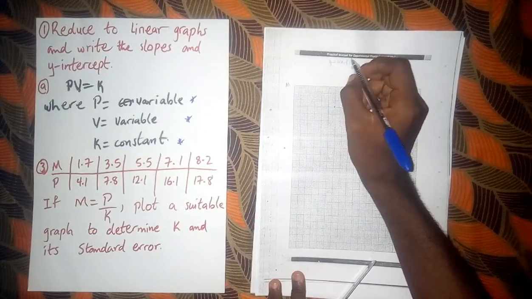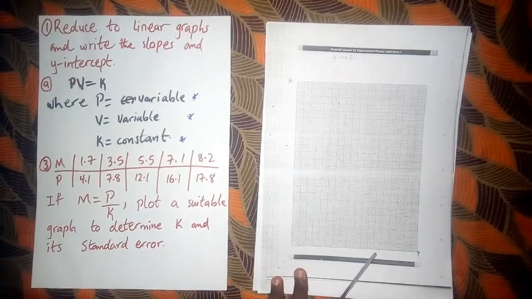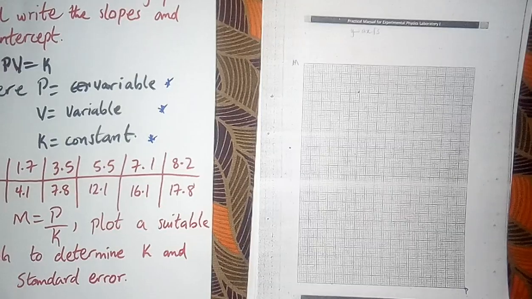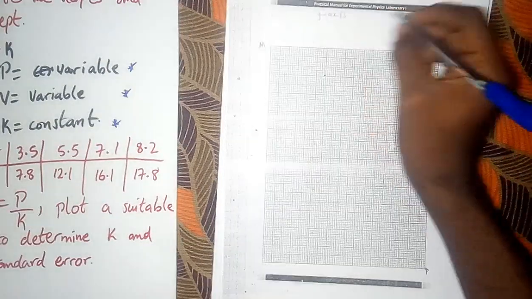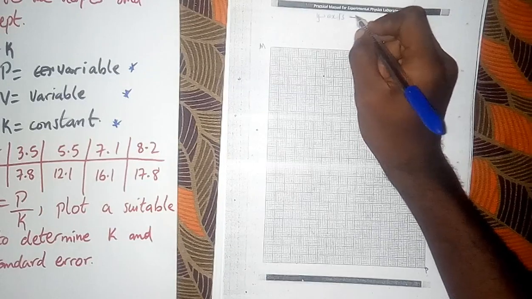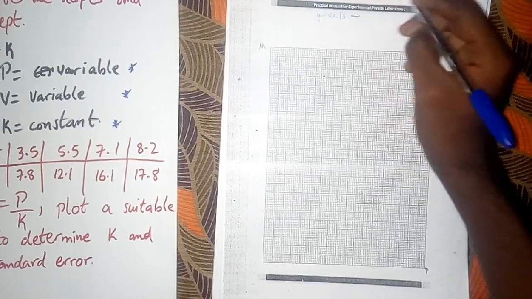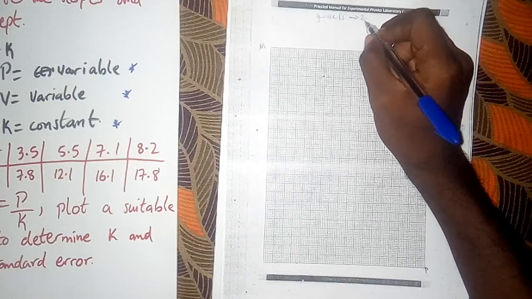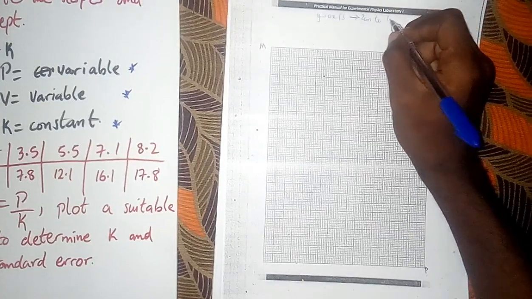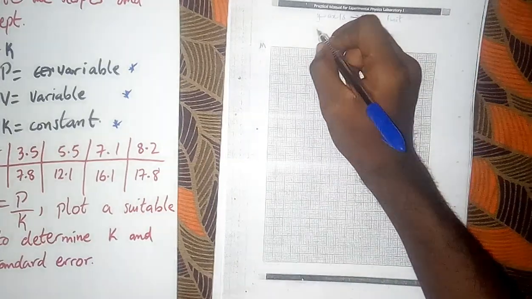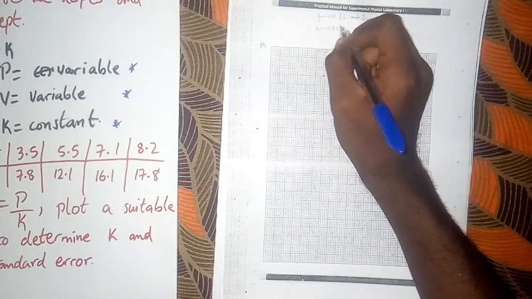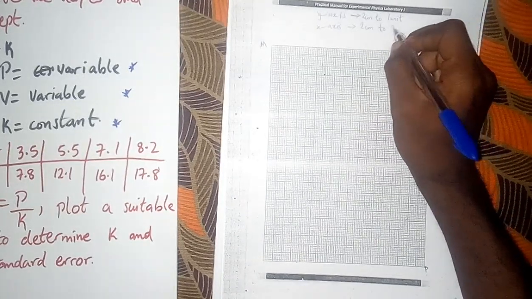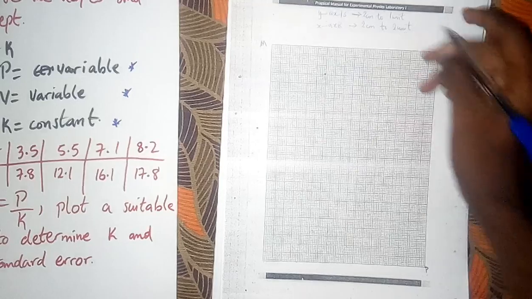I hope you are seeing this. So for our y-axis, the scale is 2 centimeter to 1 unit, and then for the x-axis, the scale is 2 centimeter to 2 units.